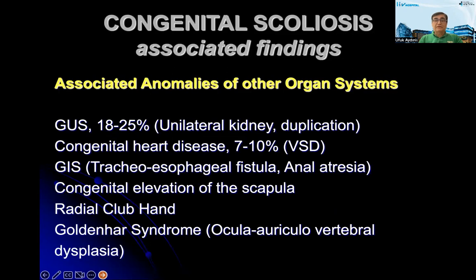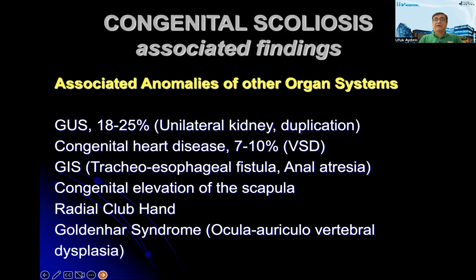Other congenital deformities may also be associated with congenital scoliosis, most probably the genitourinary system, congenital heart disease, tracheoesophageal fistula, anal atresia, congenital elevation of the scapula, radial club hand, and Goldenhar syndrome.